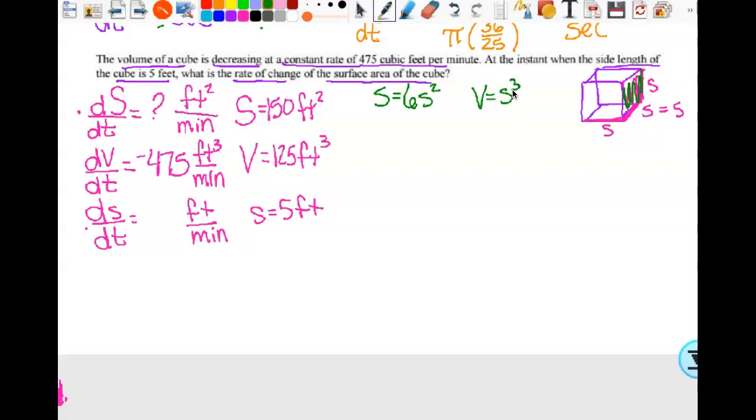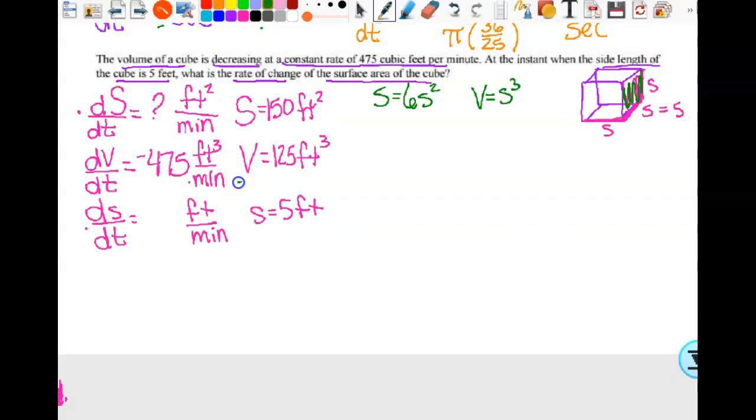So now I'm going to look at this and say, okay, bless you. I'm dealing with surface area and volume. The part that I'm going to want to use first, where I actually have some information here, is this. So I think I want to use this and the side length. That can help me find that, which is not exactly what I'm looking for, but I've got to get to that point.